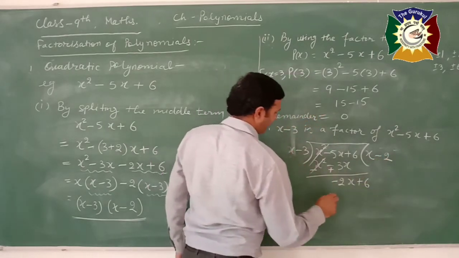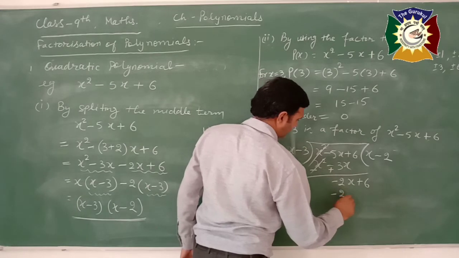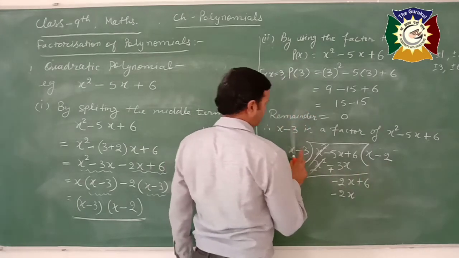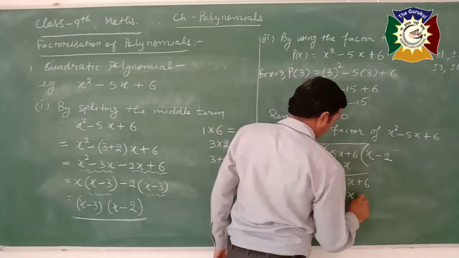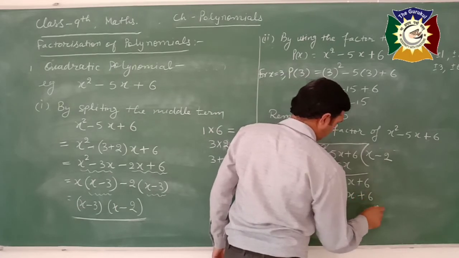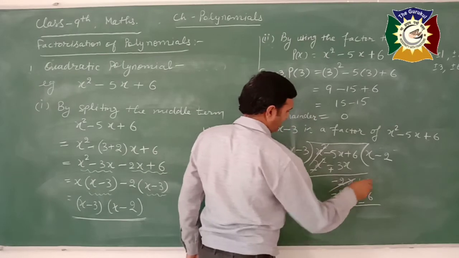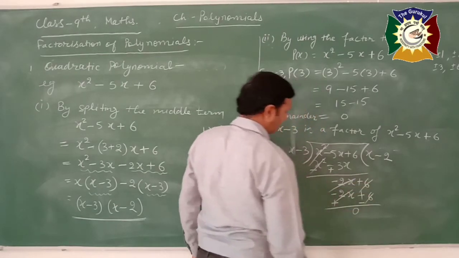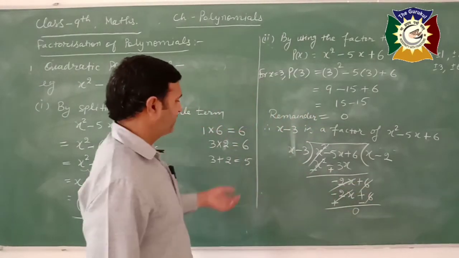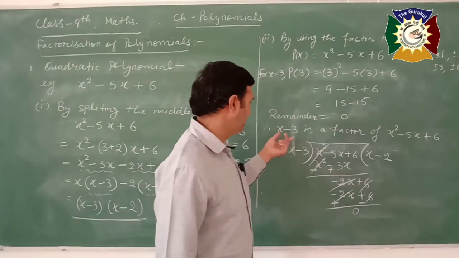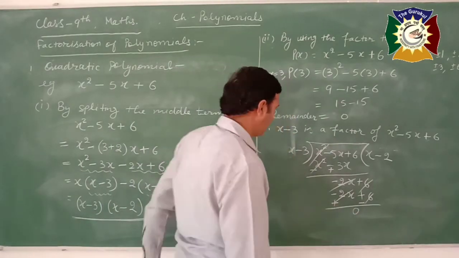Minus 2 multiplied by x minus 3 gives minus 2x plus 6. Change the sign again, both the terms cancel and the remainder is 0. Already we know x minus 3 is a factor, so the remainder must be 0.